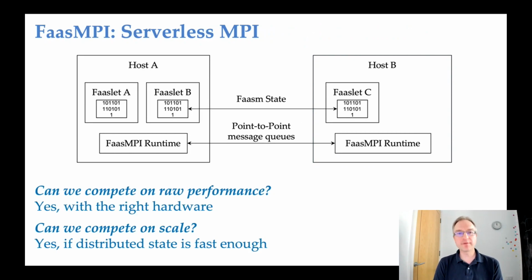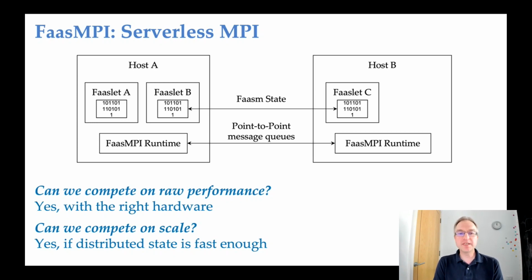Both of those communication mechanisms we can support in CloudButton using Faasm, because in the Faasm MPI runtime, we can have point-to-point message queues for message exchange, and then the Faasm state itself, essentially the local and global state tiers that I've described, can be used to implement the distributed state abstraction in MPI.